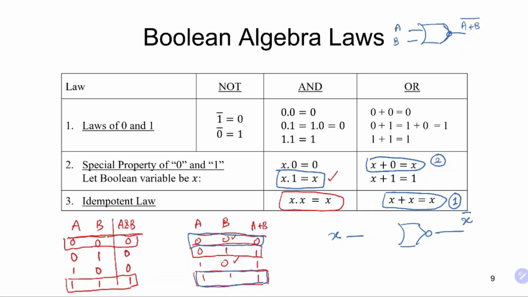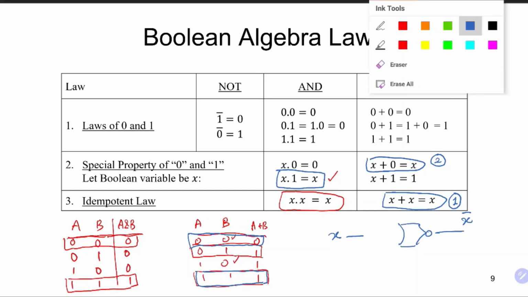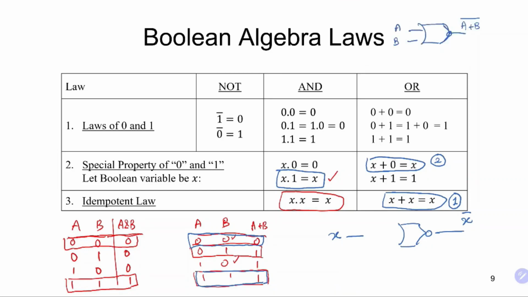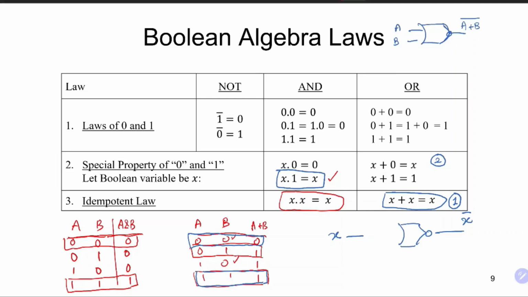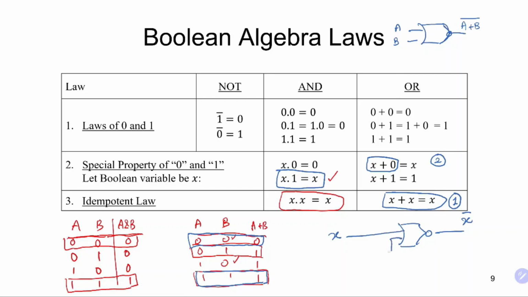So if I put this, what happens if I put this through a NOR gate? What do I get? Correct? Agree? Do I get an inverse?